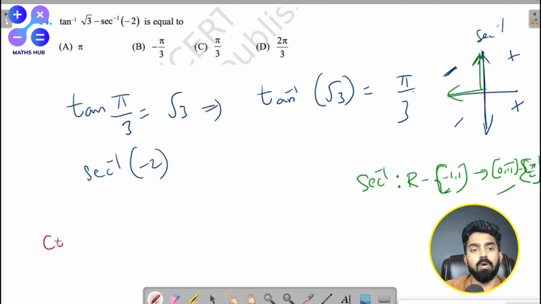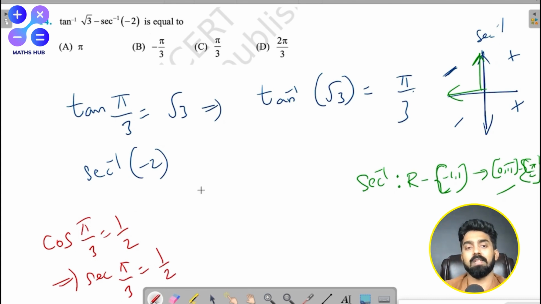Now we know that cos of pi by 3 gives you 1 by 2. So this means secant of pi by 3 gives you 2. From our previous understanding, if you want to find the negative, you need to get secant of pi minus pi by 3.